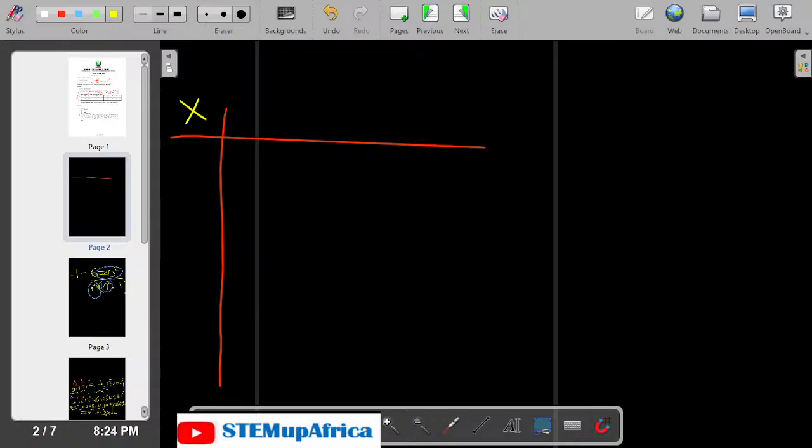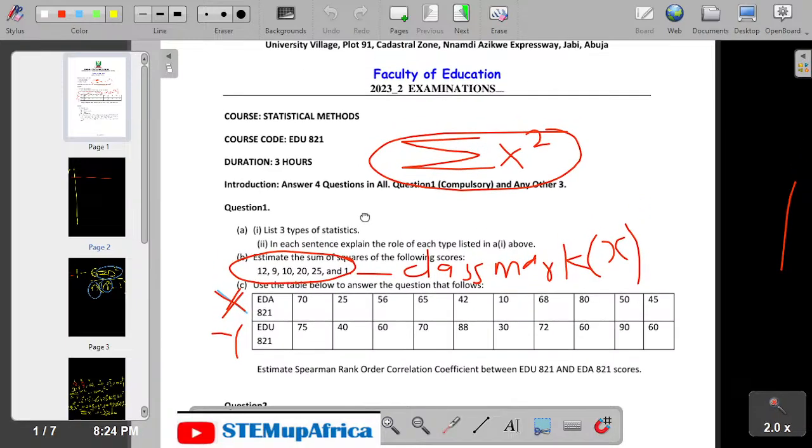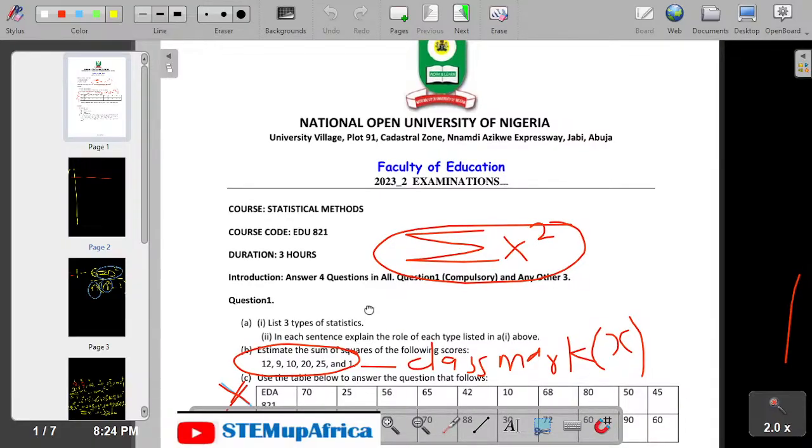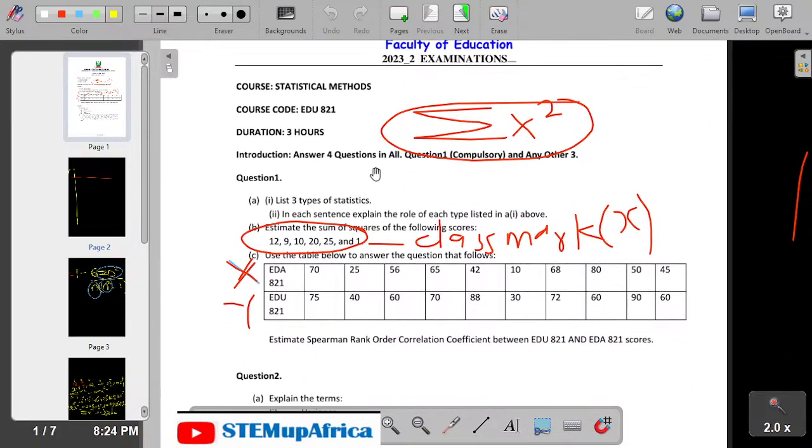We have y for Edu H21. So you need to get the rank for x and the rank for y also. You need to rank both of them, x and y.